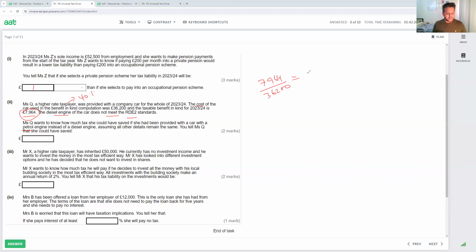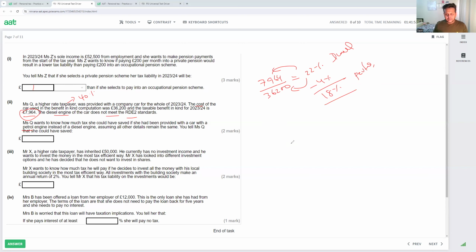So 7,964 divided by 36,200 multiplied by 100 gives me 22%. Because if I do 22% on this, that will give me that. So 22% is the diesel car. And if I have a petrol, that will be less 4%, so it will be 18%.